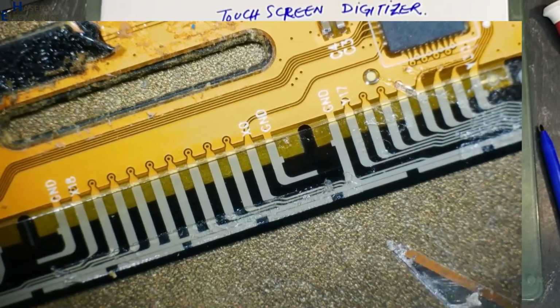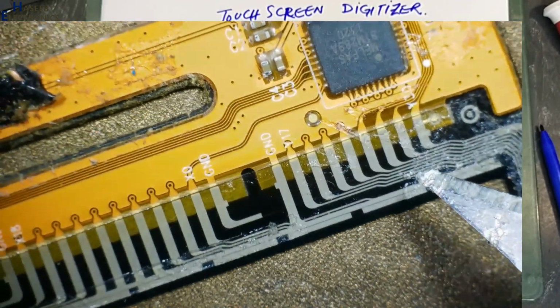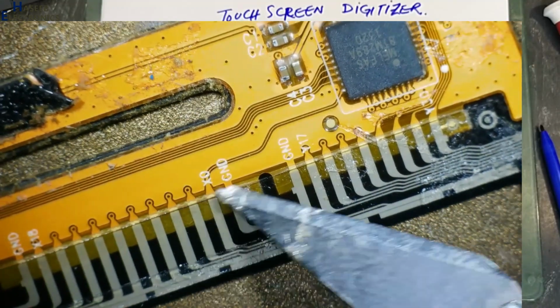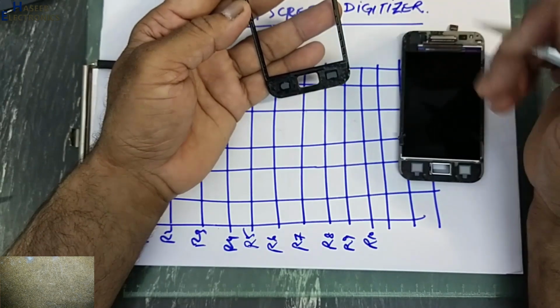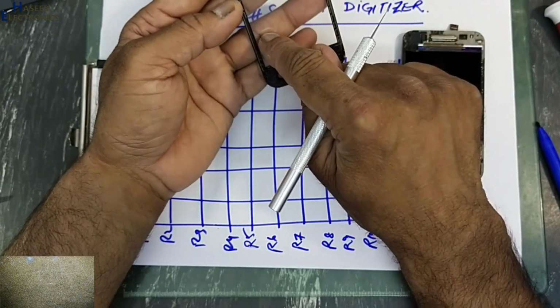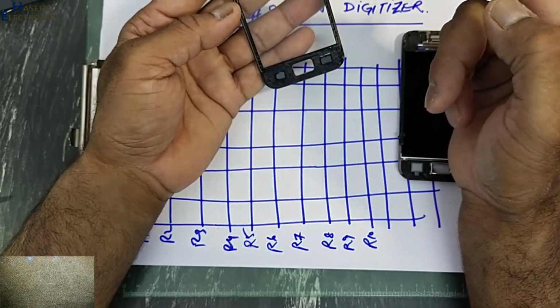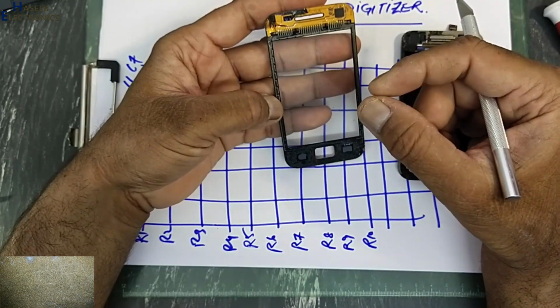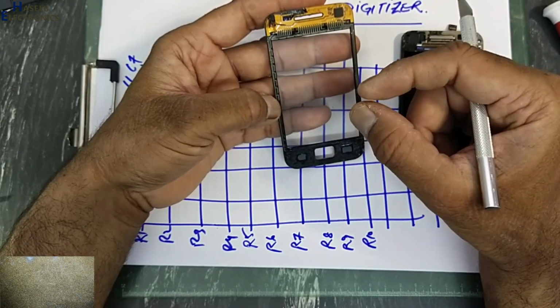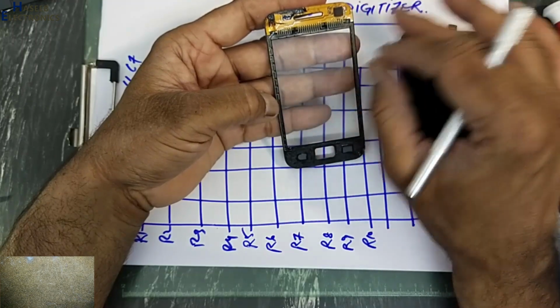Now if there is problem in this touch panel, there is no option to fix this touch panel, as it is asked in the question that portion of this touch screen is not working. If capacitive touch screen is damaged, its crystals are short circuited, leaked, then there is no option.